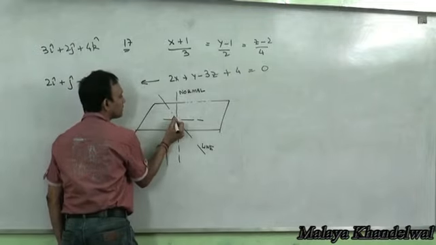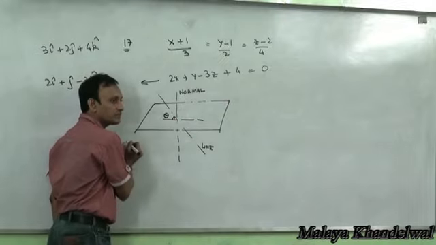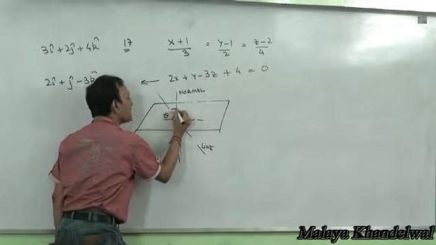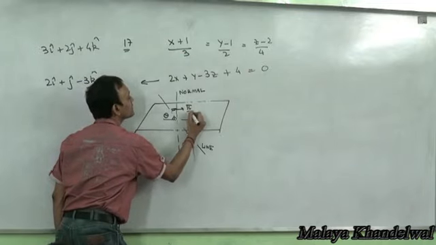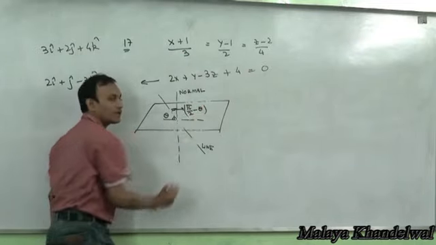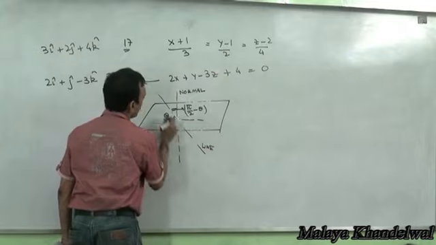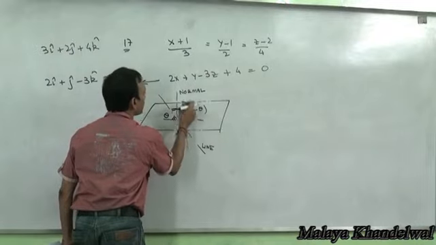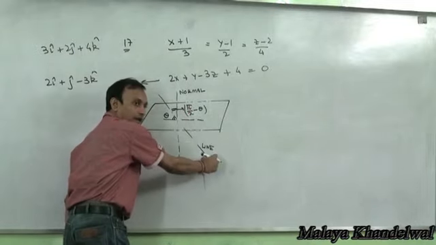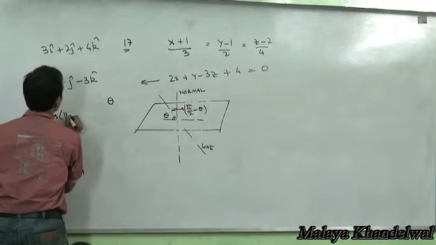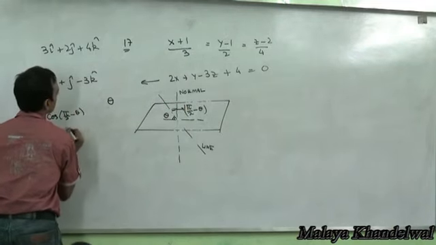If theta is this angle that the line makes with the plane, then it makes with the normal 90 minus theta, yes or no? That means I can find the cosine of the angle between the normal and the line. Cos 90 minus theta would be what?